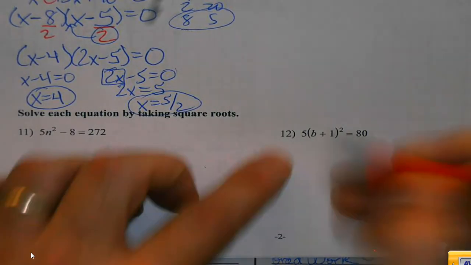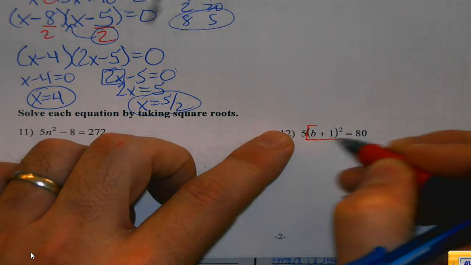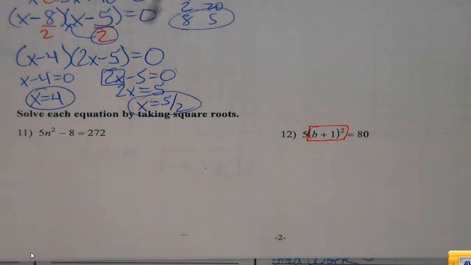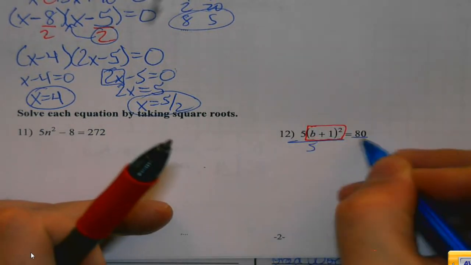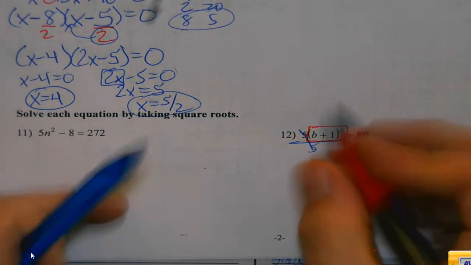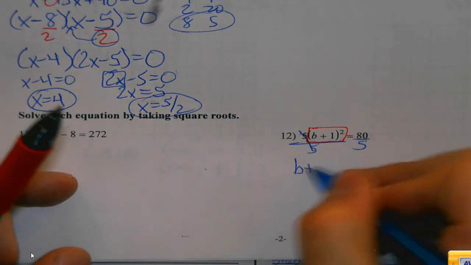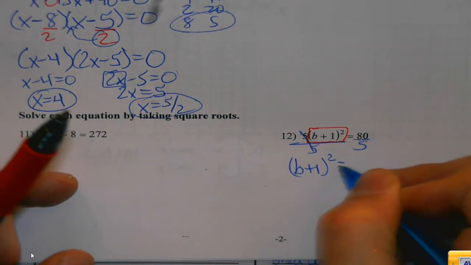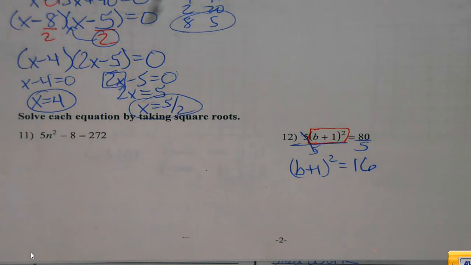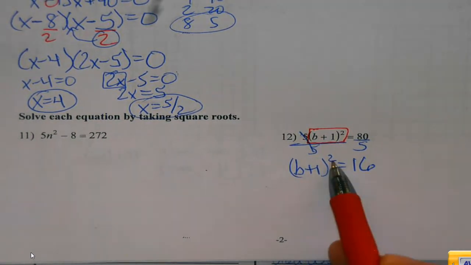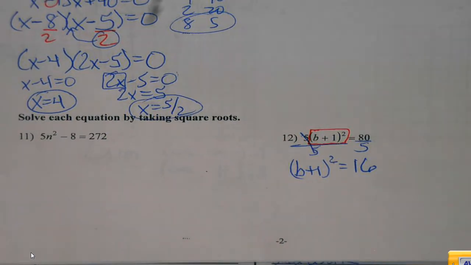Here, if the squared's outside, my first job is to get that alone. So since I'm multiplying it by 5, we divide. But here, this is a little different. My b is trapped in the parentheses this time because the squared's blocking me from getting rid of it.